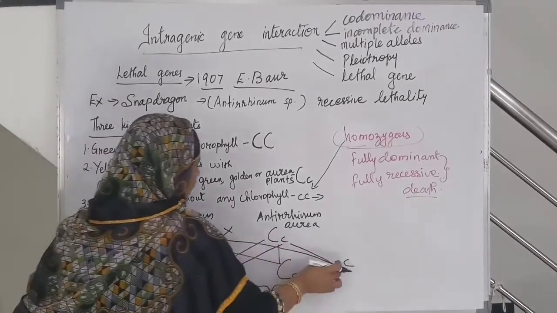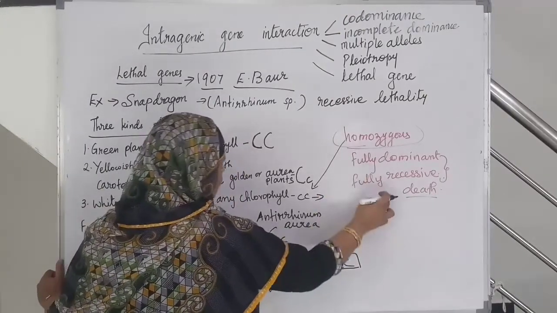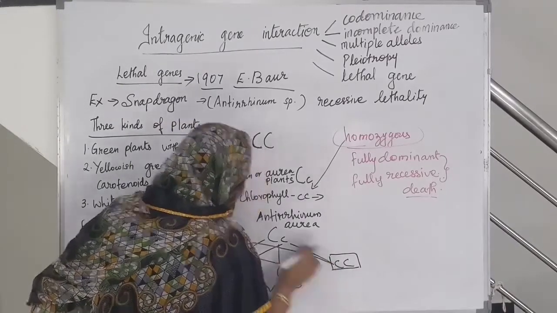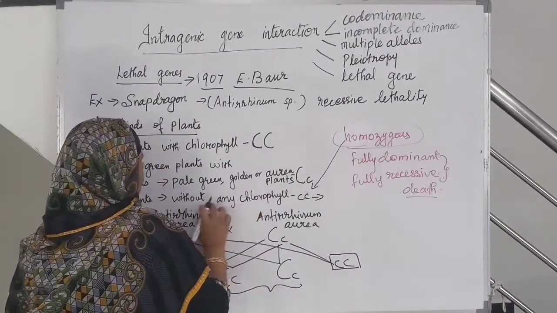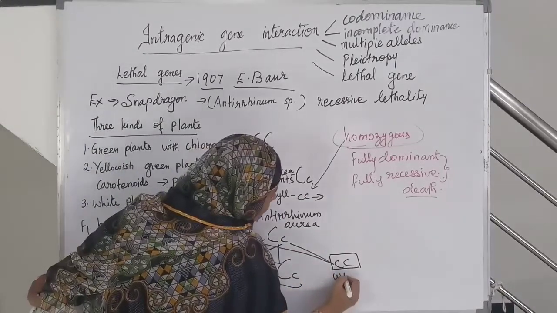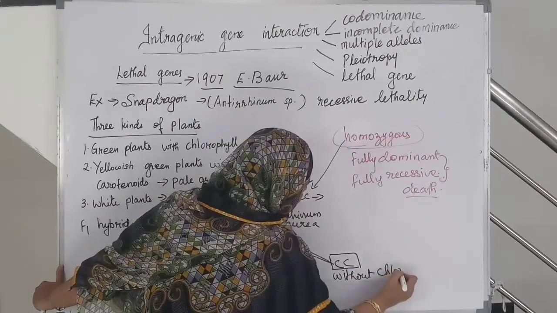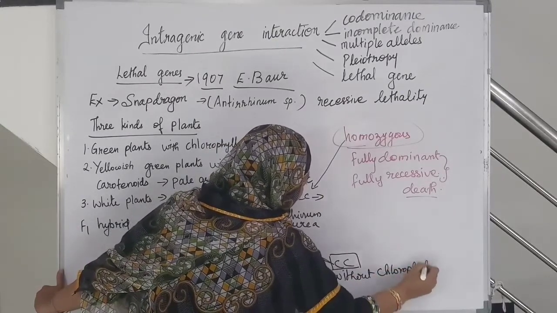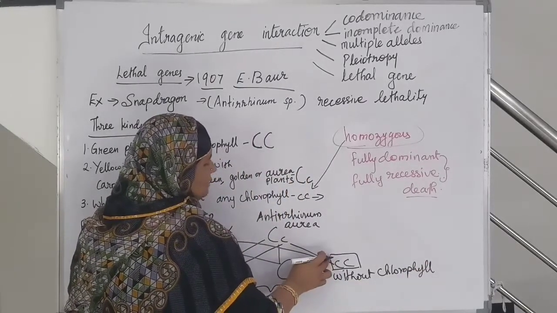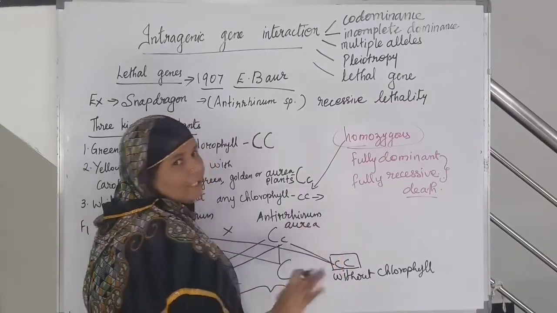In this case, this is the homozygous recessive, and this causes the white plant, that means without any chlorophyll. Because of the lack of chlorophyll, the plants which receive this type of genotype will die.